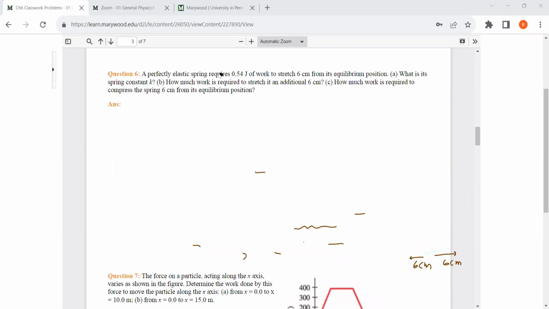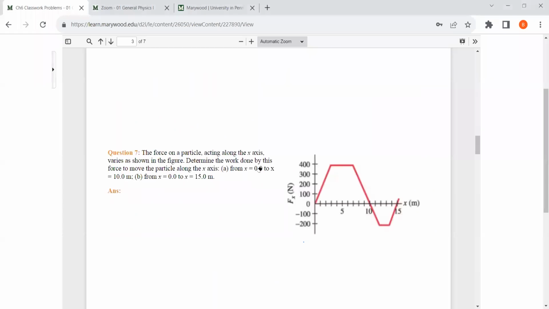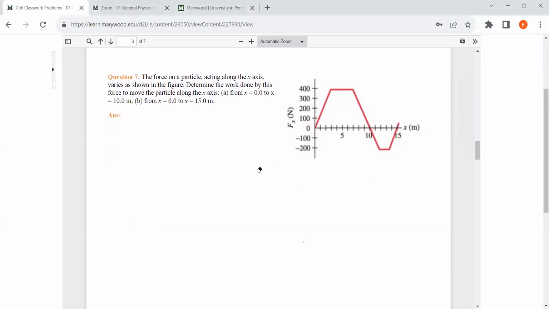The next one is using the force versus displacement graph to determine the work done. When we have a force displacement graph, the work done is basically the area under the graph.